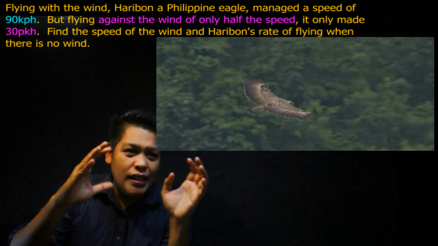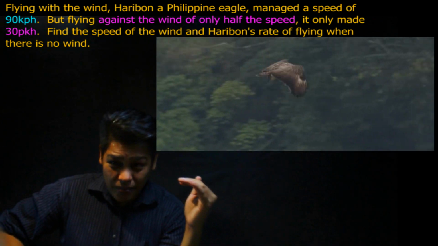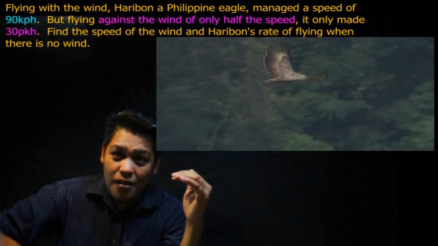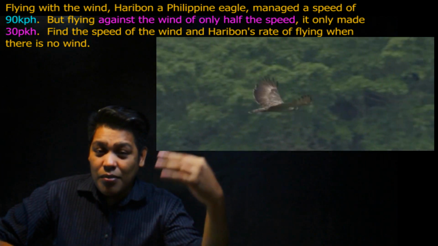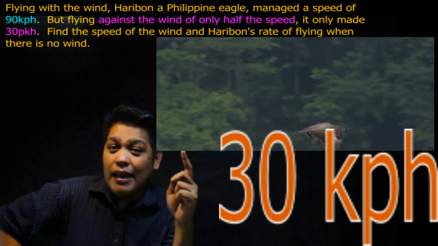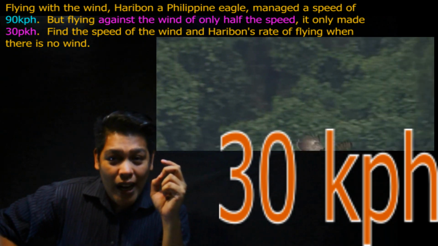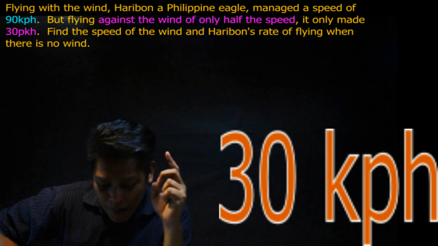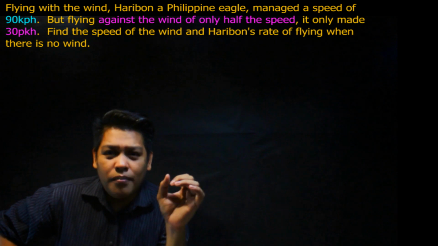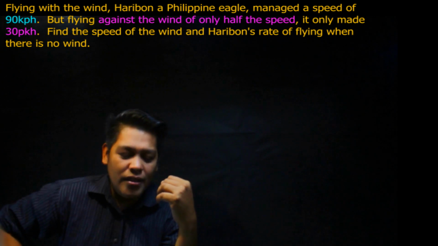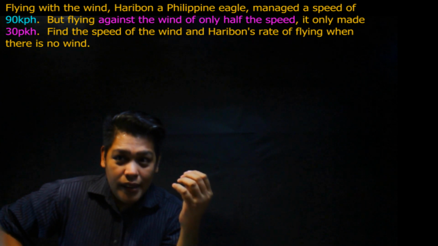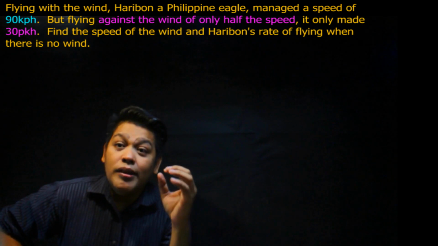Yung kalahati ng lakas ng hangin na to ay pinapabagal ang Haribon o ang ating Philippine Eagle. And then, ang rate na lang ng ibon na to is 30 kilometers per hour. So, ang hahanapin natin dito is number 1, what is the rate of wind? Gaano ba kalakas, gaano ba kabilis yung hangin? And then next is what is the Haribon's rate?